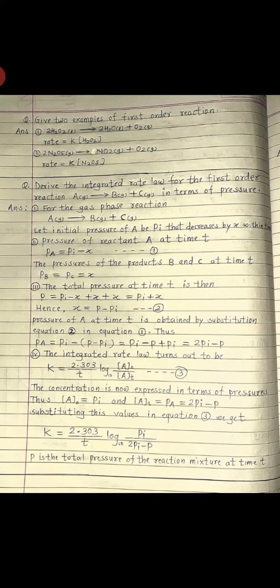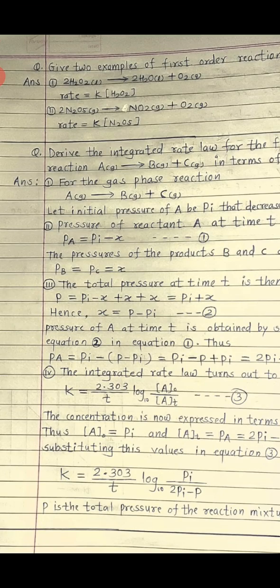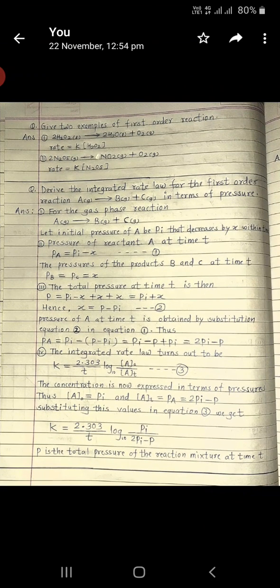So the initial pressure of reactant A is Pi and this pressure decreases with time. The pressure of reactant A at time t is PA = Pi minus x, because the initial pressure of the reactant decreases by x.